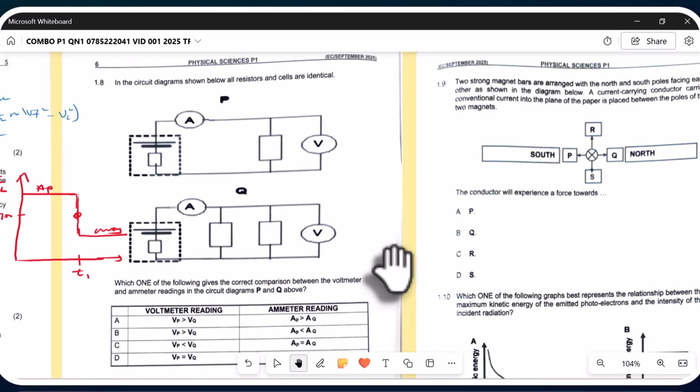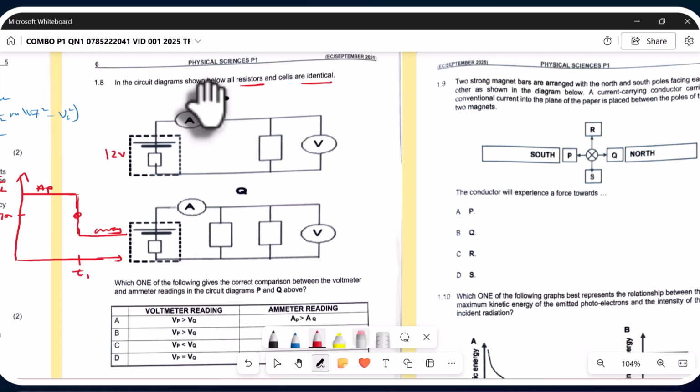Now the V here. Let me start with the ammeter reading. Now this current here, let me say this is 2 ohms here, and here this is 2 ohms, and this is 2 ohms here. Now note that if resistors are in parallel like this, they have a lower total resistance than this one here.